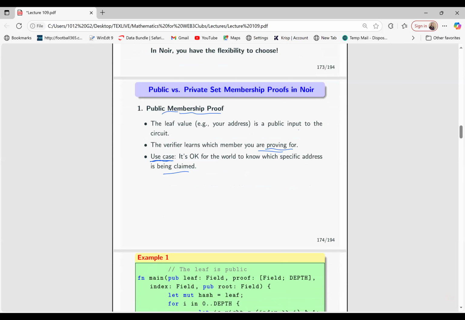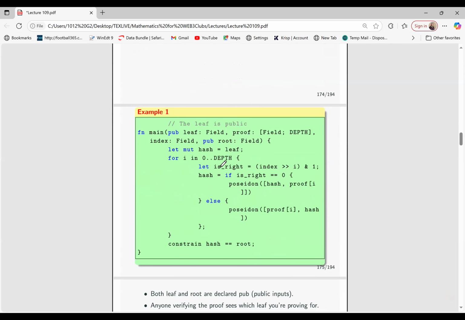I'm not saying that this one may compile. It may not compile, but I just wanted to show you, look at this leaf. This is a public leaf. So if you're proving, the verifier knows it. Look at this root. This root is also public.